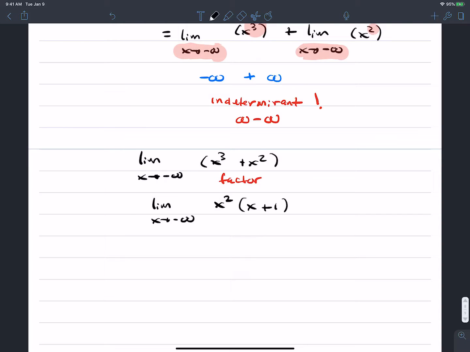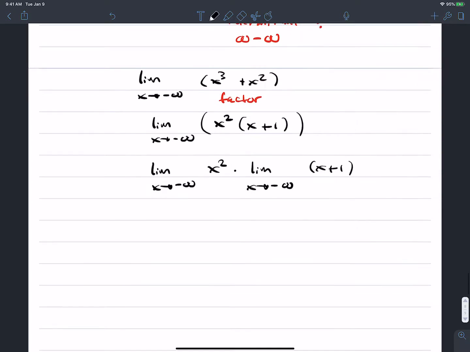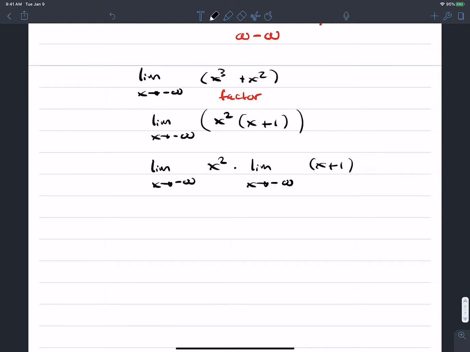And again, by properties of limits, the limit of a product is the product of limits. So I have the limit as x goes to minus infinity of x squared times the limit as x goes to minus infinity of x plus 1. You're going to go again to minus infinity for both of these.